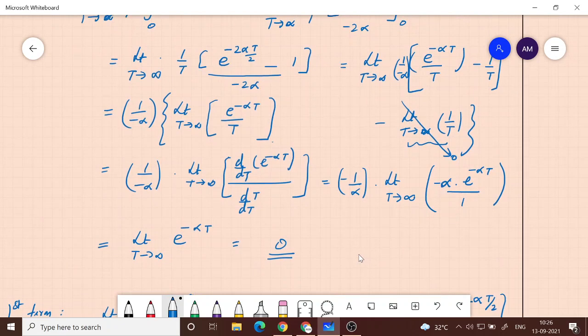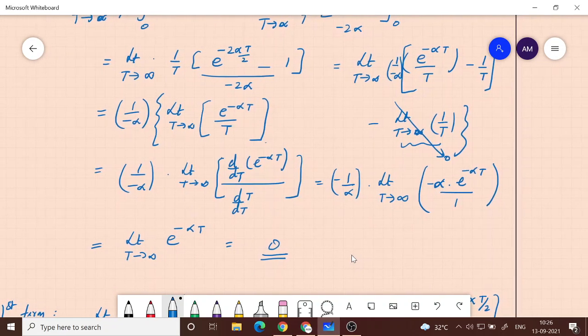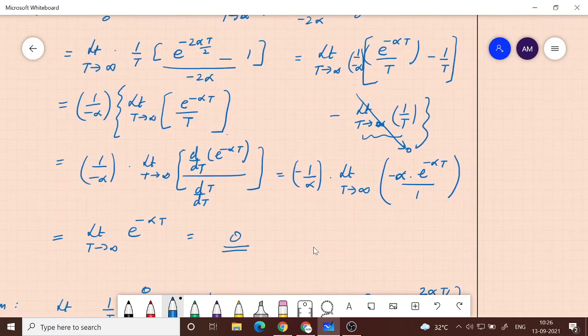Did I miss the 2 somewhere earlier? There was a 2 alpha. Yeah, there is a 2 alpha. Though the result is finally 0, but I think I missed this 2 here.